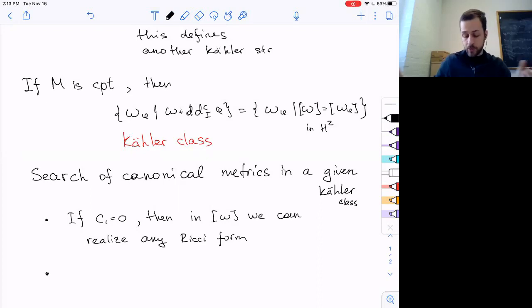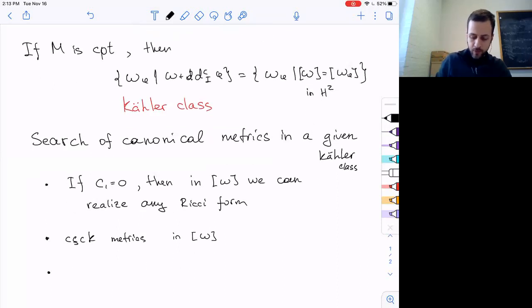And another problem, which is much more complicated and was partially settled recently, is the search of constant scalar curvature Kähler metrics. So in a given Kähler class, you're trying to find a metric with constant scalar curvature in the usual Riemannian sense.